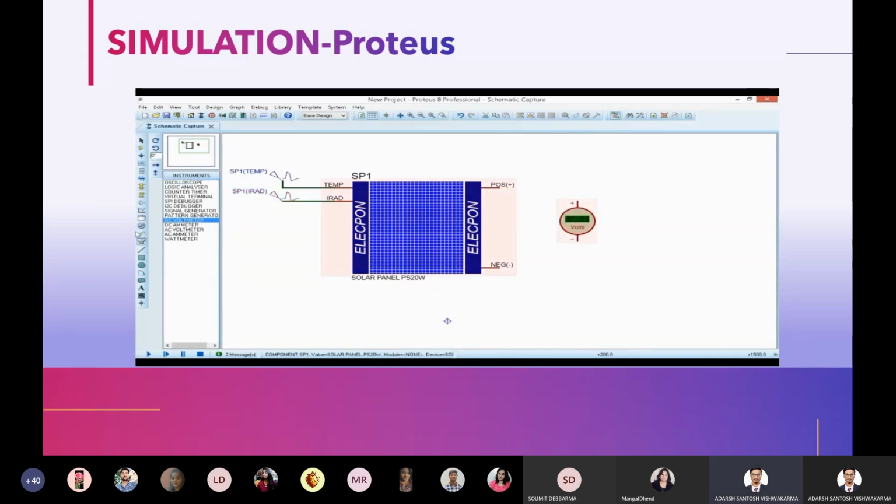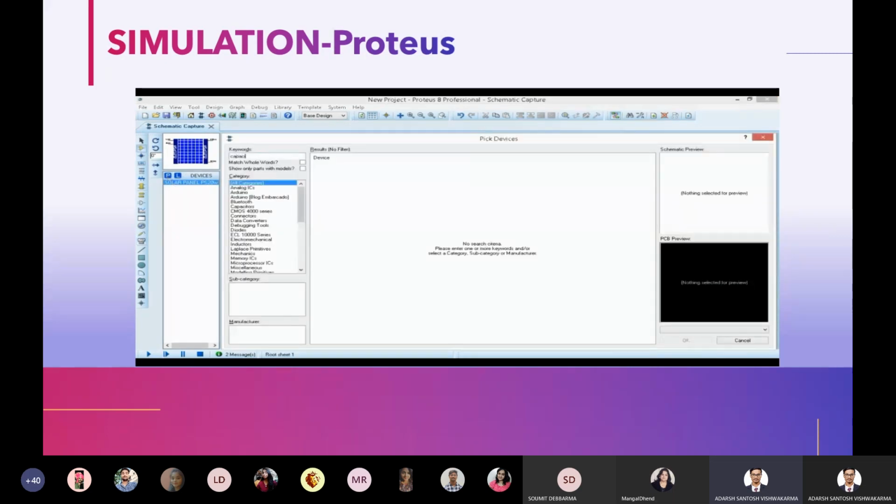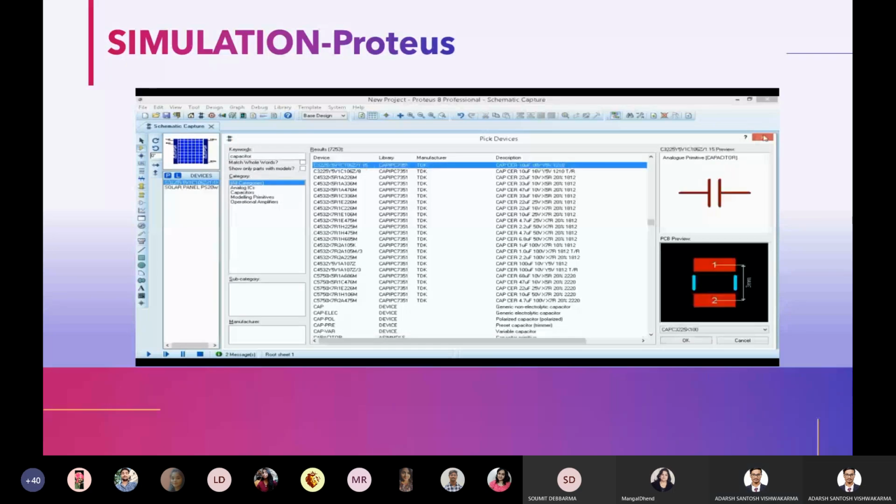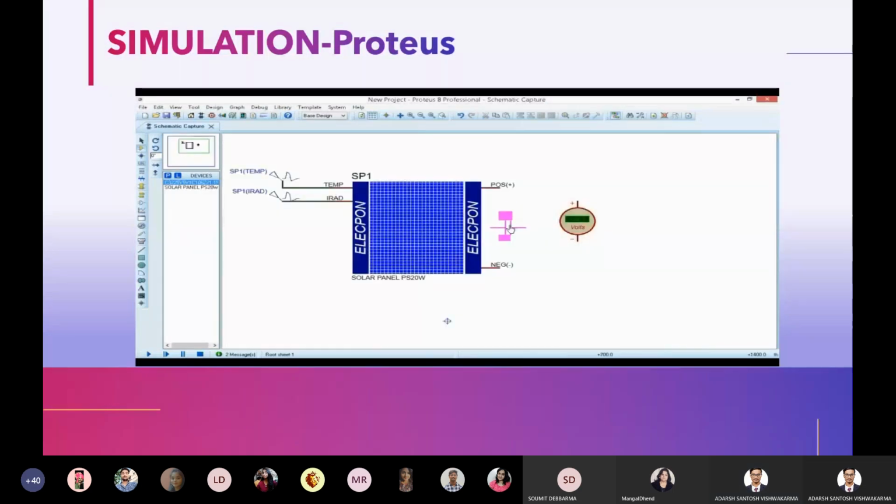We are connecting a voltmeter to measure the voltage which is due to the solar panel, and the capacitor is very important because the current from the solar panel is unregulated DC, and as we know, capacitors are very good at storing charge in the electric field.